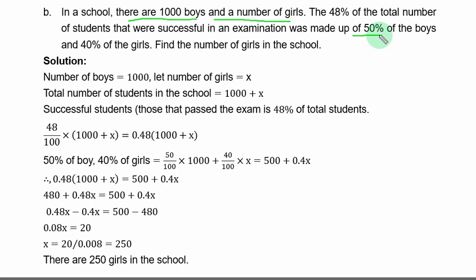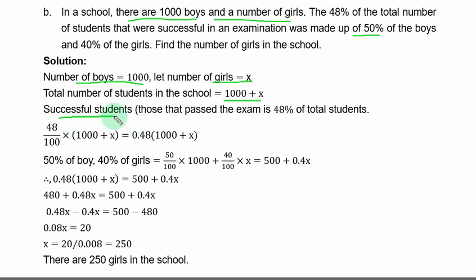Find the number of girls in the school. Solution. From the question, number of boys, they are 1,000. Number of girls, unknown. Let it be S. It follows that the total number of students in the school becomes 1,000 plus S. That is number of boys plus number of girls.